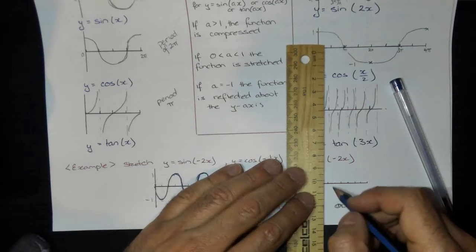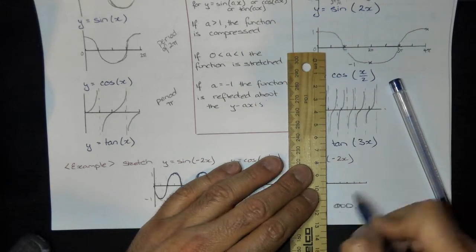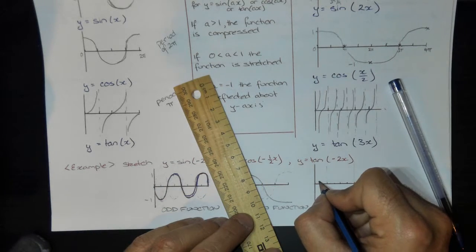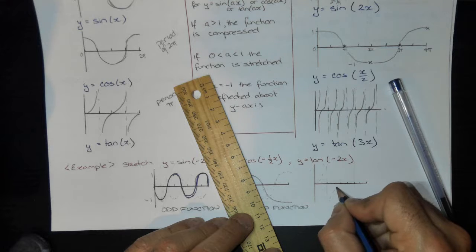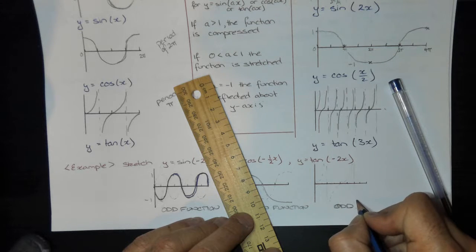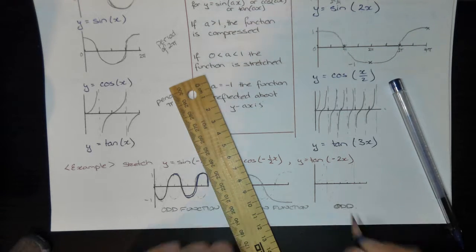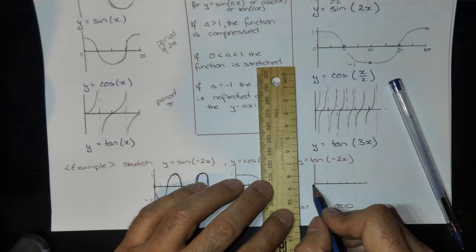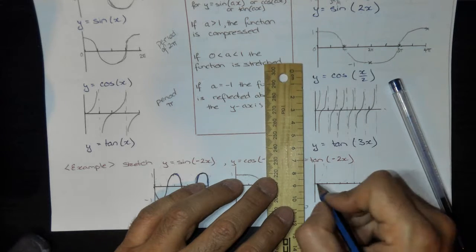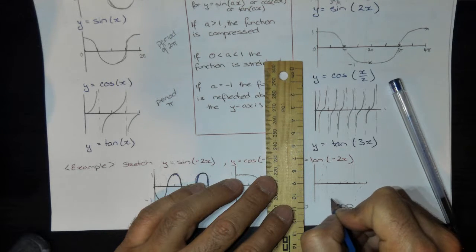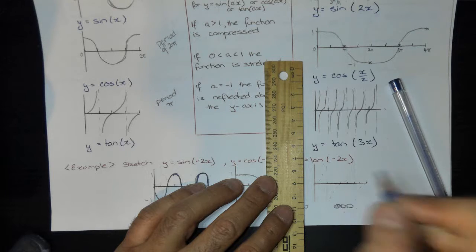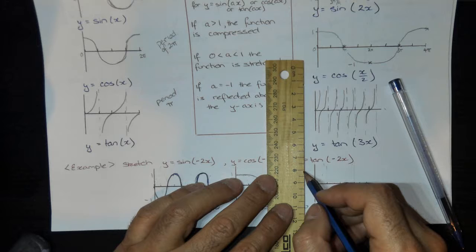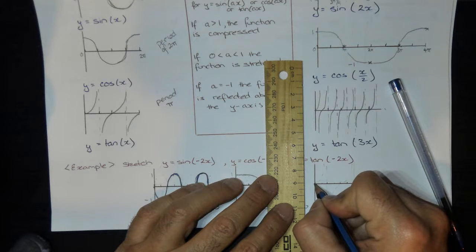Tan happens like that. It's now happening for every 1 period. We're going to do it into 2. Yep, we're going to split it in half. So there's your 1 period.